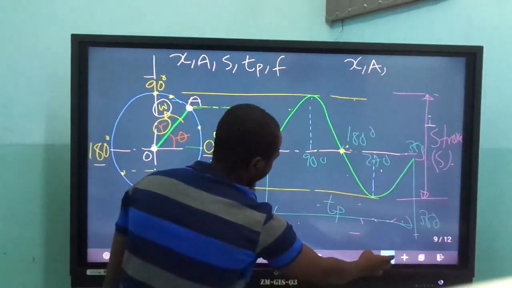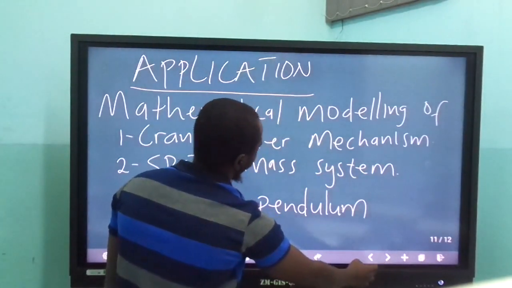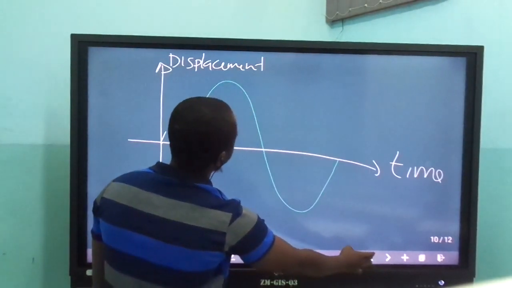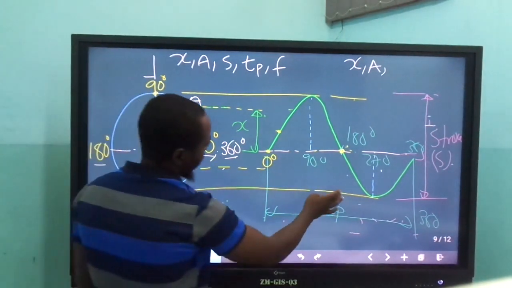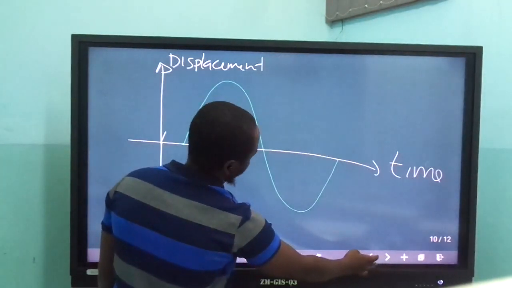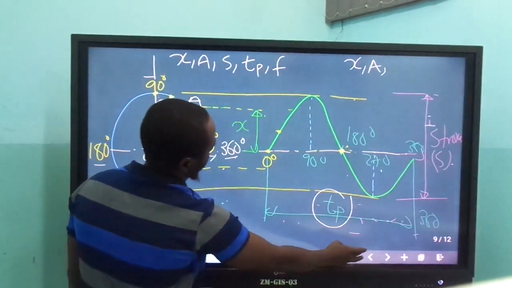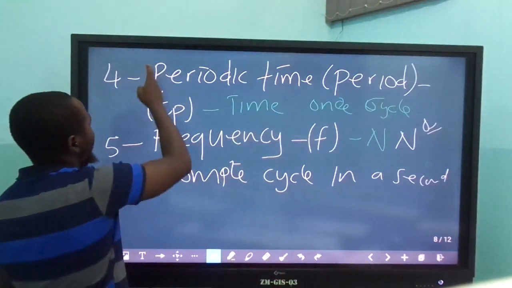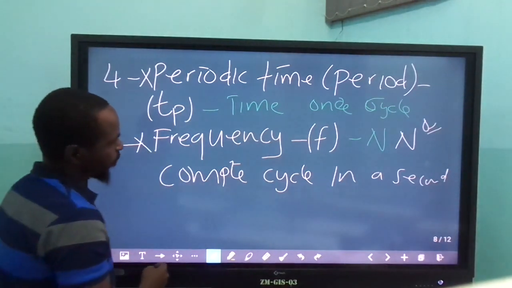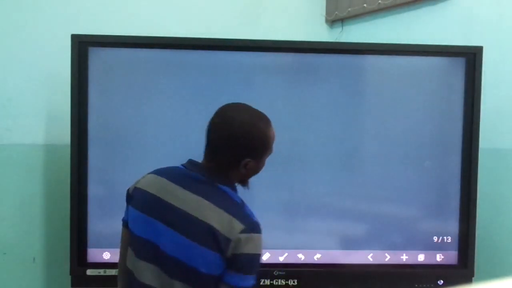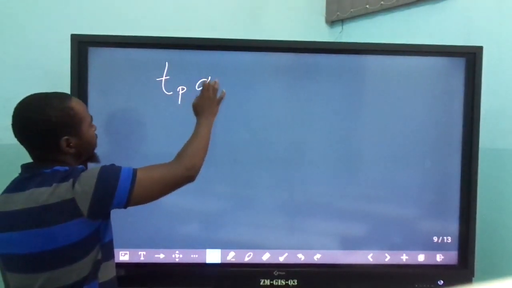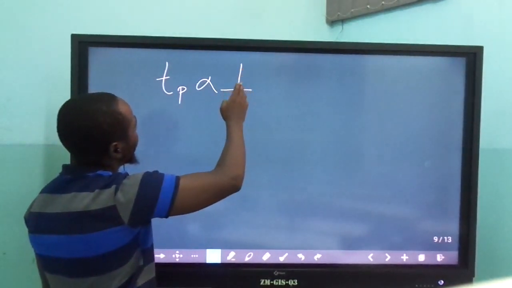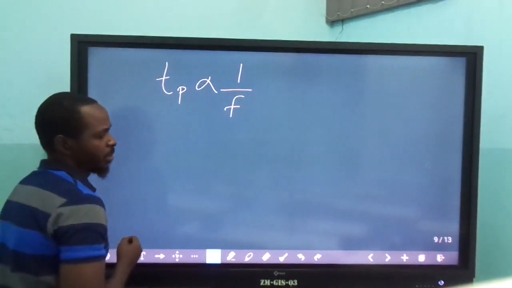So when we relate these two parameters, the period and the frequency, from the definition, we are going to find out that the period is inversely proportional to the frequency.